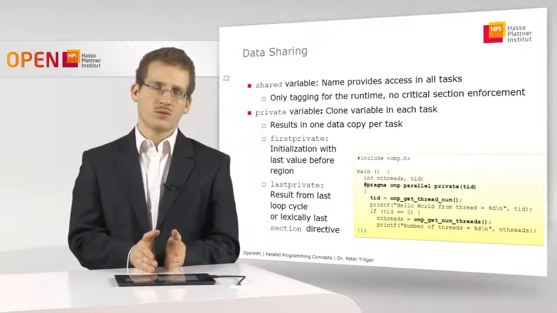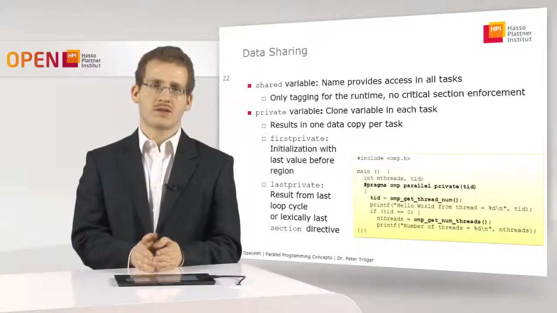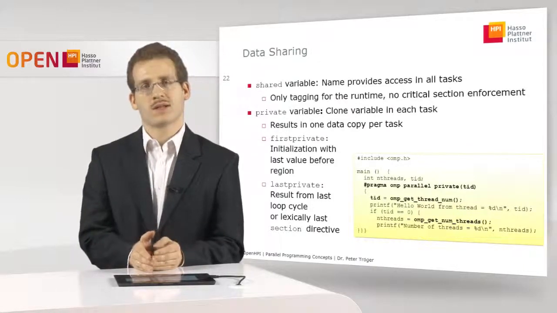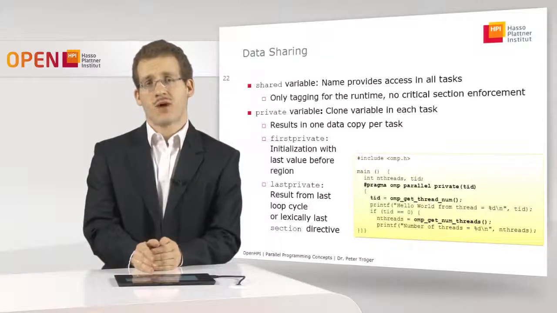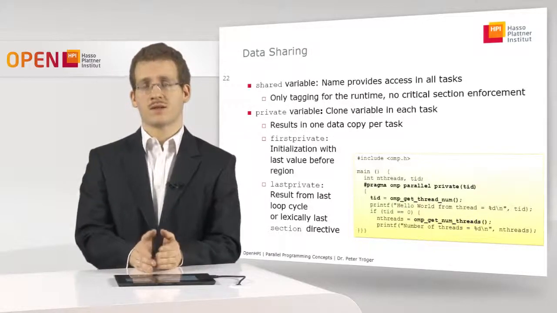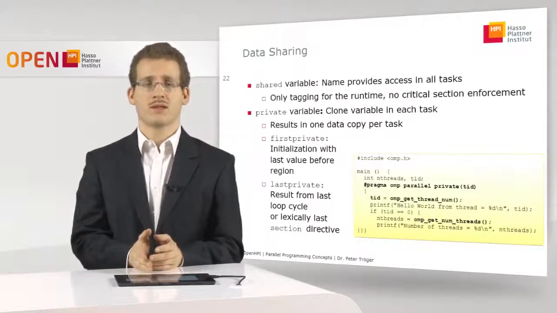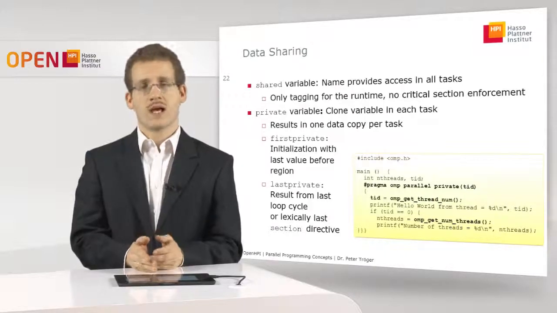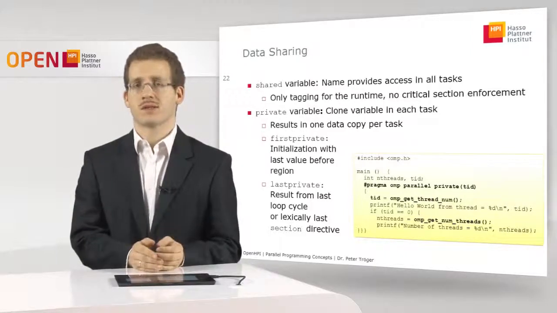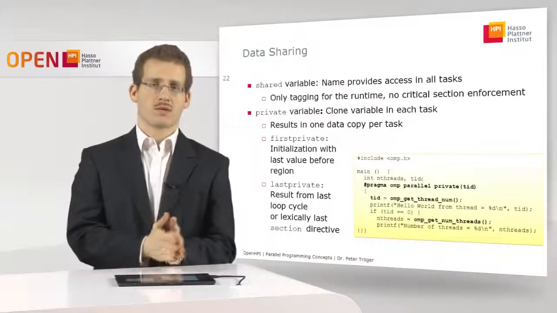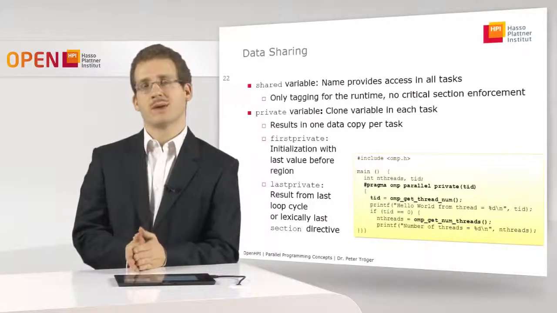With for loops as parallelization strategy, one of the interesting aspects is data sharing. So how can you deal with shared data, global variables, global memory inside your OpenMP program? And there are two major concepts here. One is the concept of shared variables, the other is private variables.